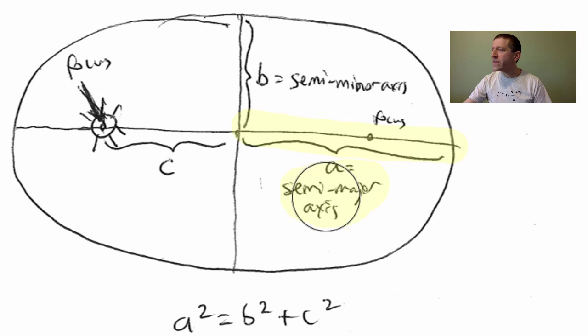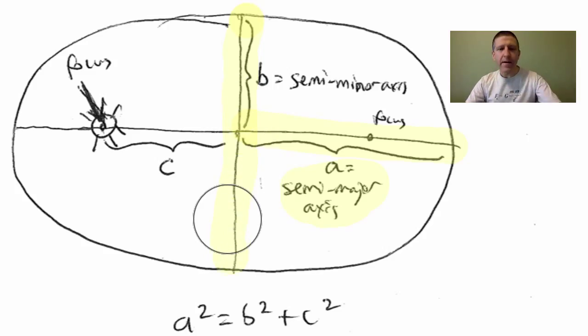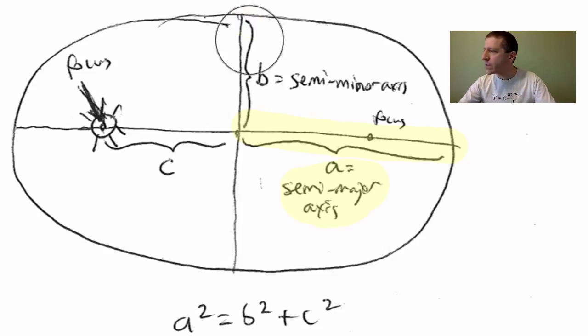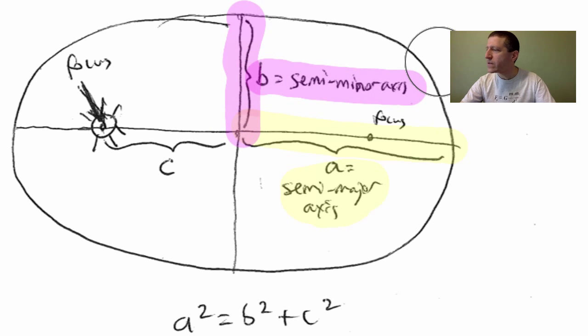The semi-major axis is half of the length of the major axis. That's A. We also have the minor axis, which is this. And as you guessed, when we find half of that, we get the semi-minor axis, and we call that B, the semi-minor axis.